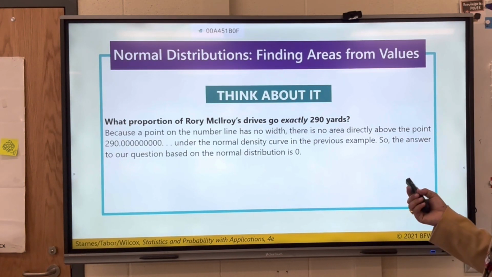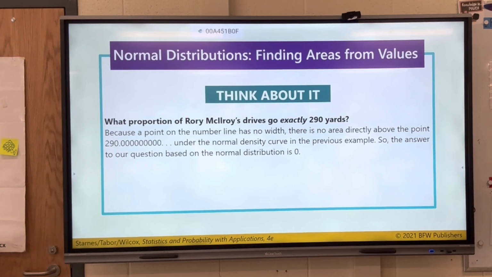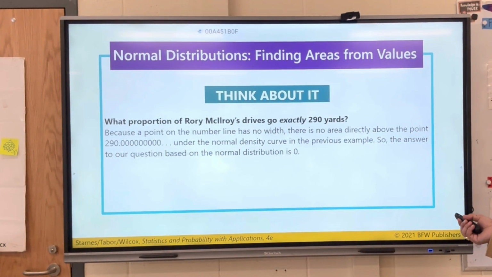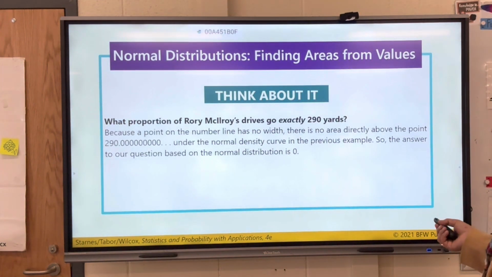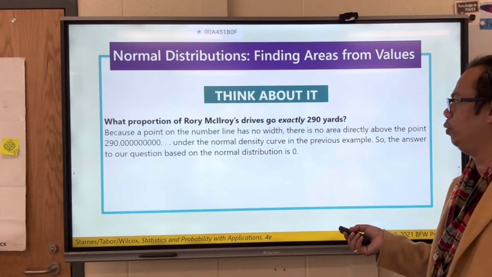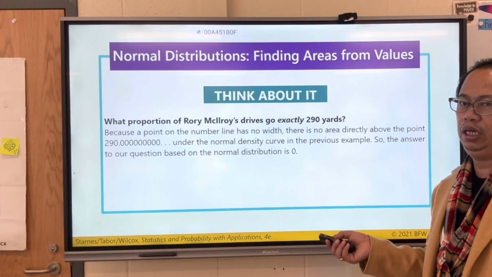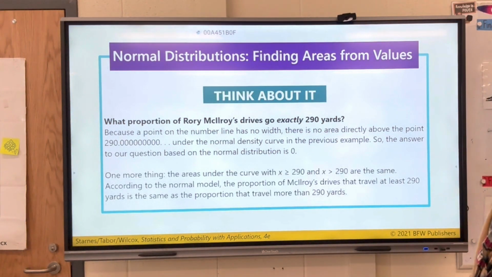Because a point on the number line has no width, there is no area directly above the point 290 under the normal density curve. So the answer to our question based on the normal distribution is 0.